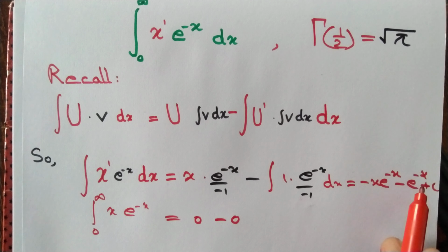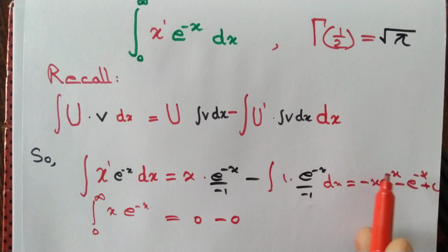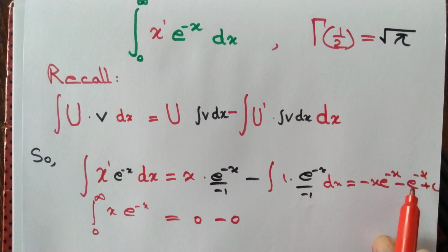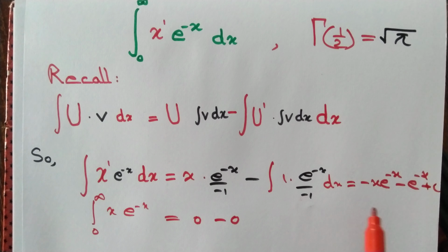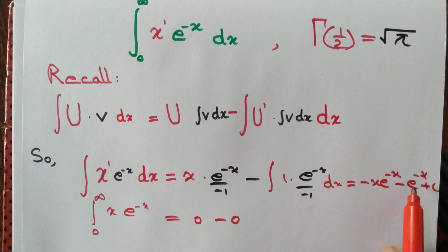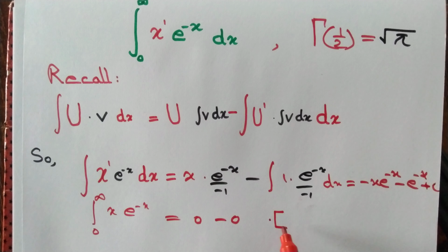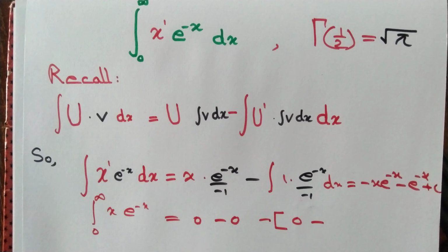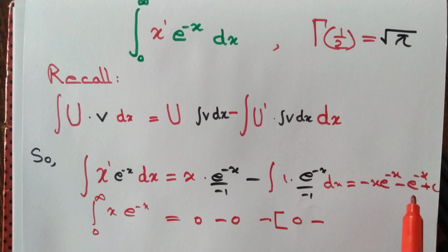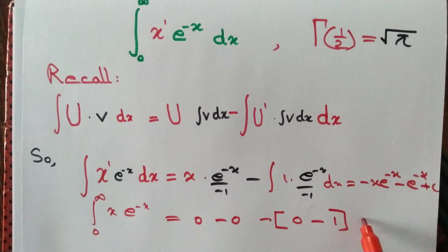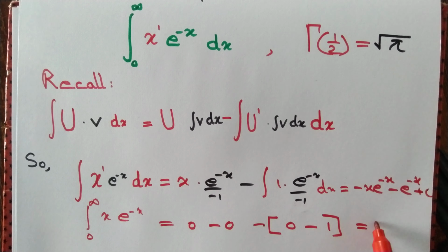So x e to the power minus x will always turn out to be 0, whether x equals 0 or infinity. What about minus of e to the power minus x? If I take x to infinity, it is 0. So minus of 0, minus of, when I write x equal to 0, e to the power 0 is 1. So it turns out to be plus 1.